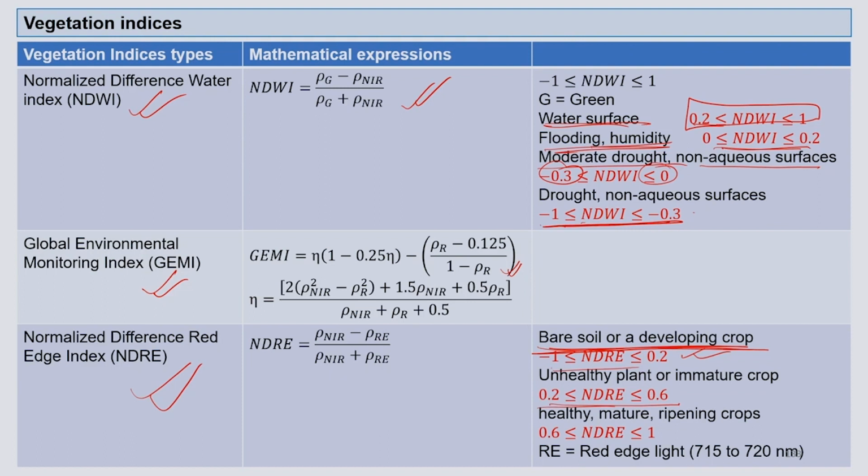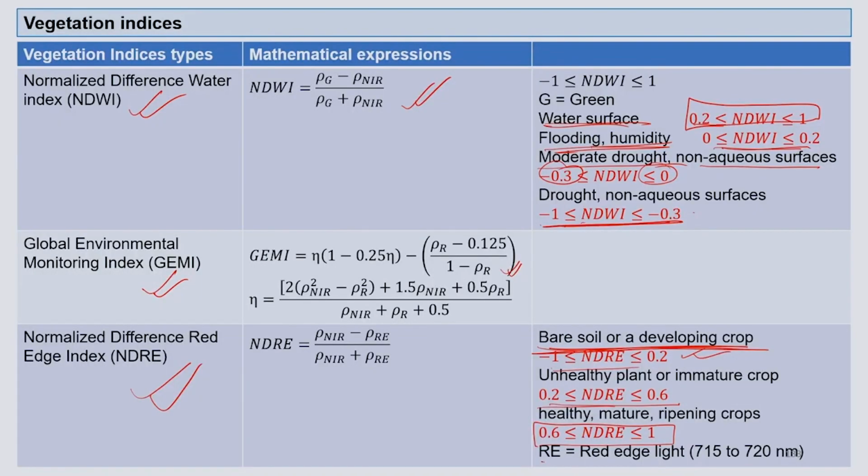Healthy, mature or ripened, harvesting stage, then your NDRE value will be between 0.6 and 1. So, if you get an NDRE value in that area, then your crops are supposed to be healthy, matured or almost ready to be harvested. So, the RE range, the red edge light, is considered between 715 to 740 nanometer.